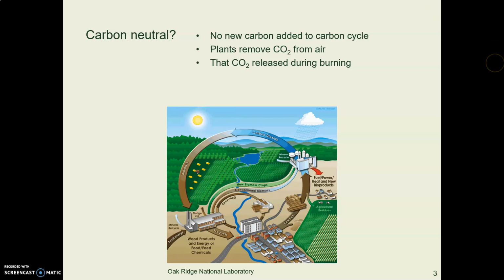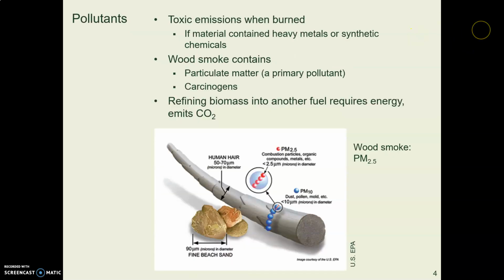Another thing to think about, and remember, there are always trade-offs whenever we're doing renewable energy of any sort. A trade-off that can happen with biomass, in addition to the whole carbon question, occurs if there are any kind of synthetic chemicals in this material.